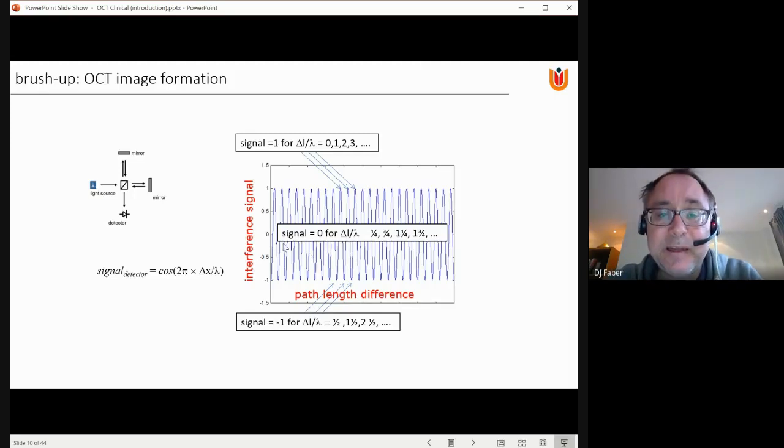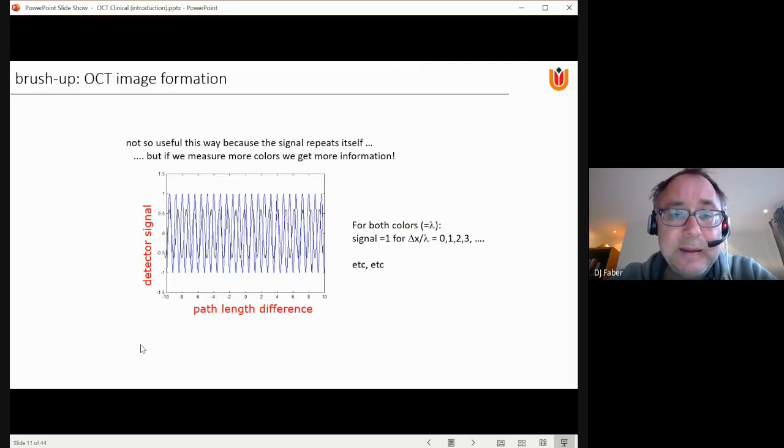And for example, if the path length difference is a quarter or 3/4 of the wavelength, then the interference pattern would damp out. So totally constructive, totally destructive, or damping out. Now that in itself is not so useful. This basically is just a high school experiment where you would see an interference pattern.